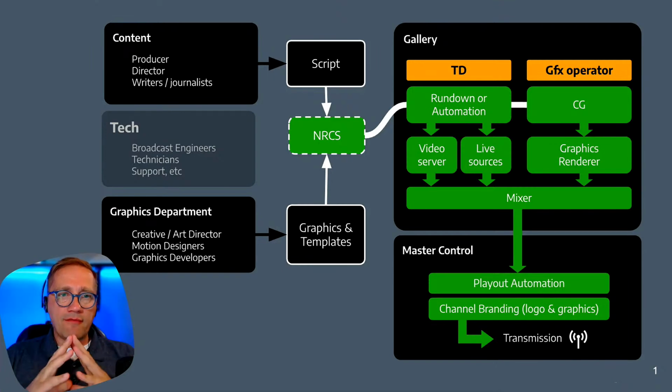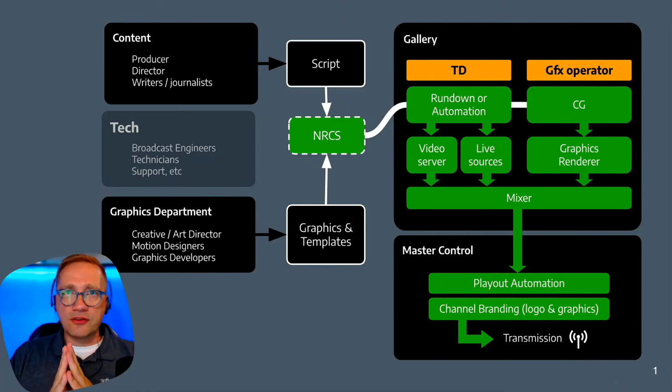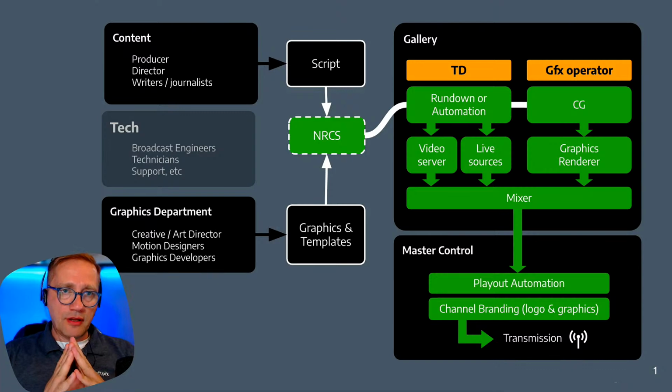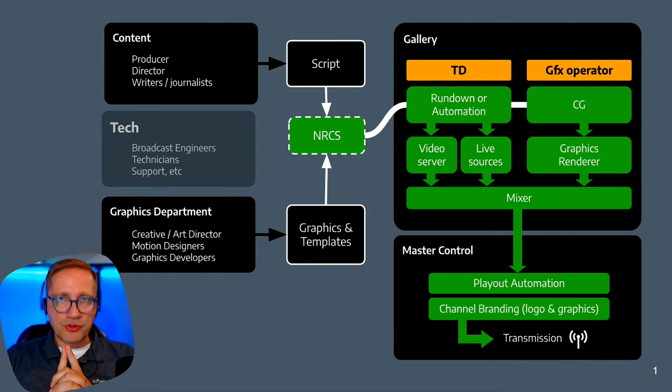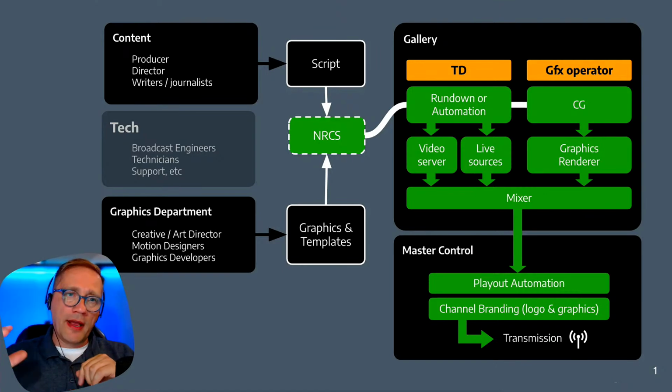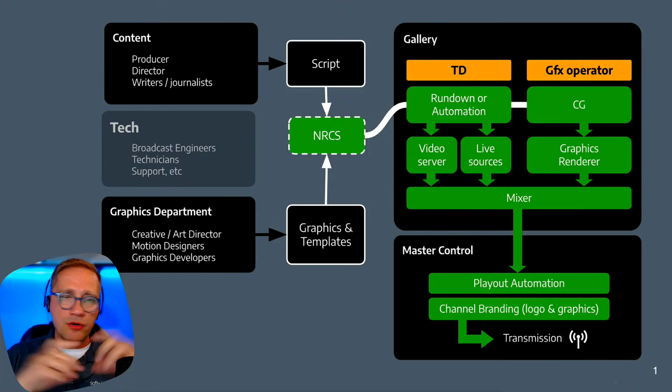And then we have the complete production, the show, and that gets sent to the master control in a network's TV system. It goes through a playout automation system, and quite often they overlay another layer of graphics, which is the channel branding, like the channel logo, a clock and maybe news stickers.